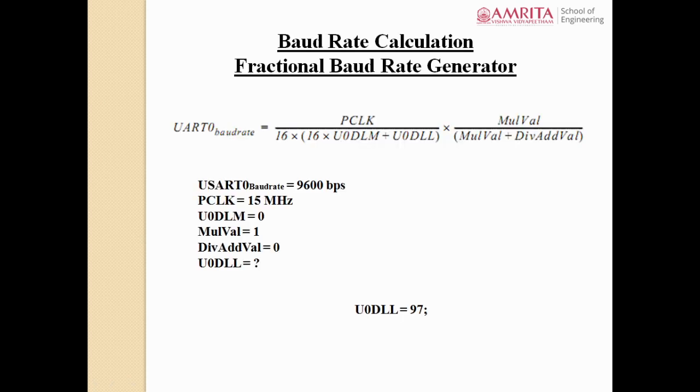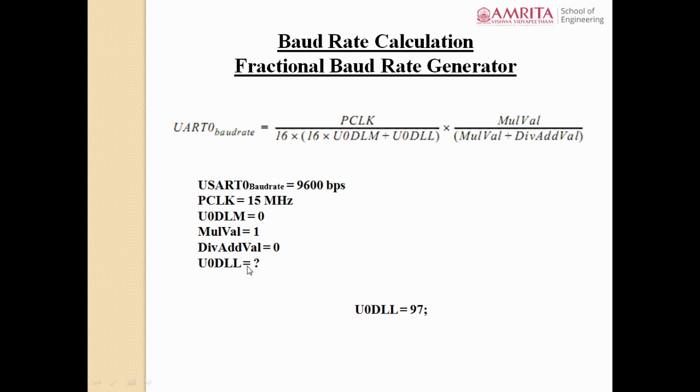So in step number 3, what are you going to configure? You are going to configure the baud rate as 9600. If you want to get the baud rate as 9600, the value of PCLK should be 15 megahertz, U0 DLM should be 0, mul value 1, divide value 0, and by substituting all these values, you will be getting the U0 DLL value.